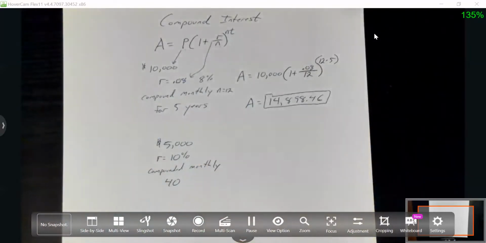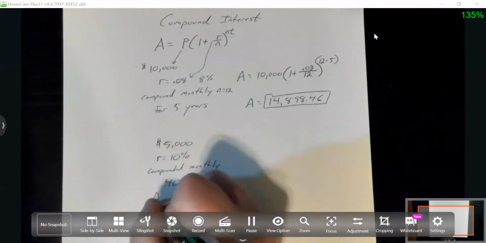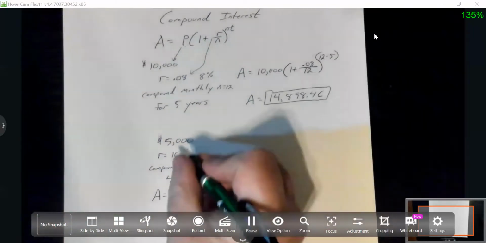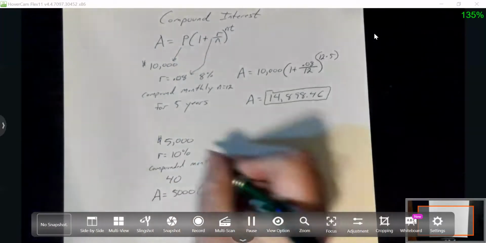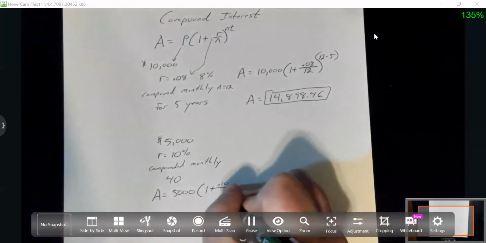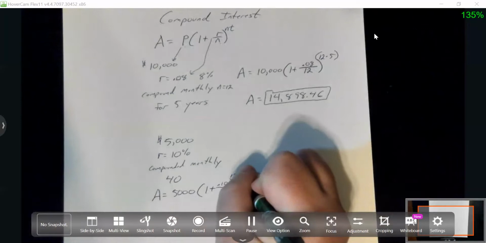Invest it when you're 18 and you come out when you're 58. Let's see just what would have happened if you just ignored that money. So again, we want to know how much money you'd have in the account after all that time. $5,000 is our principal, times 1 plus our 10% is being compounded monthly, raised to N times T, 12 times 40.